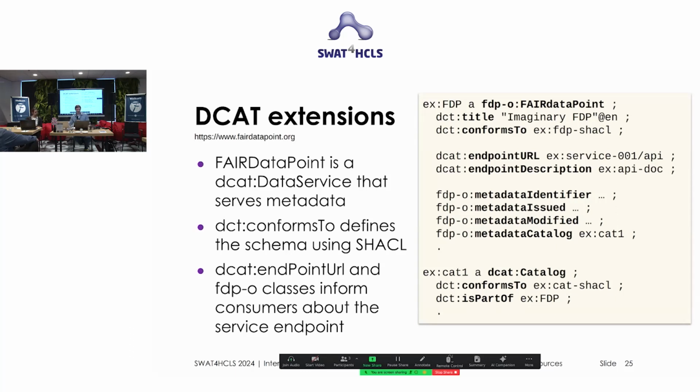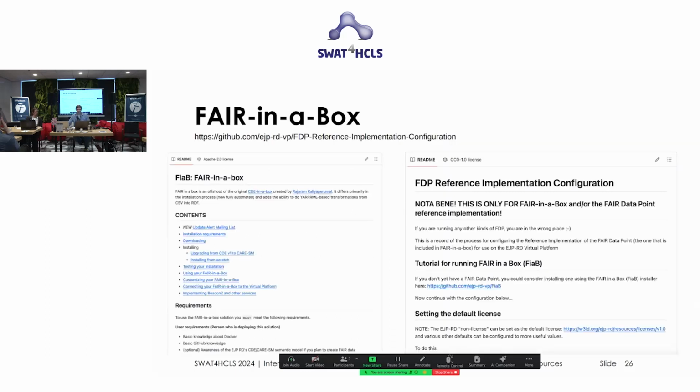And then it has this conforms to, which is defined to be a SHACL compatible description of the schema for the metadata records themselves and not the data that they describe. So that is very helpful to a machine agent that wants to explore it.